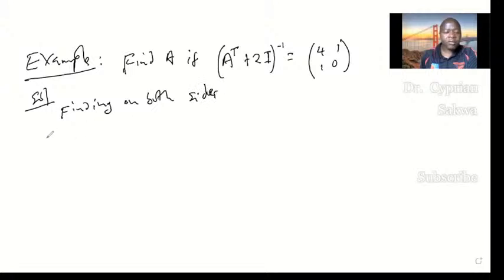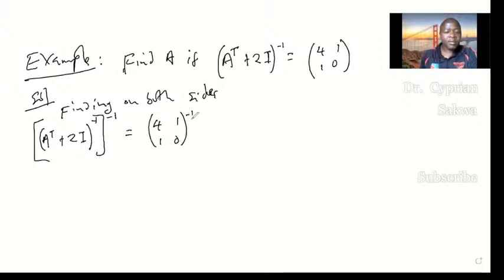What we would have is the inverse of A transpose plus 2I inverse, which will be the same as the inverse of 4, 1, 1, 0. But I know what the left side is.